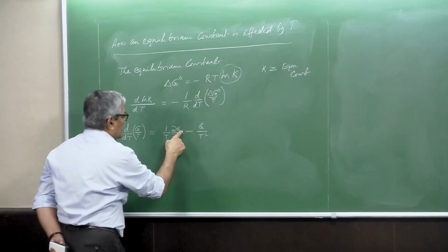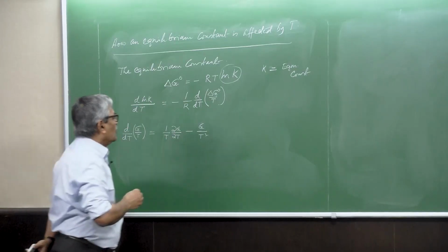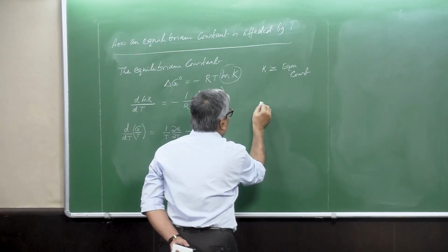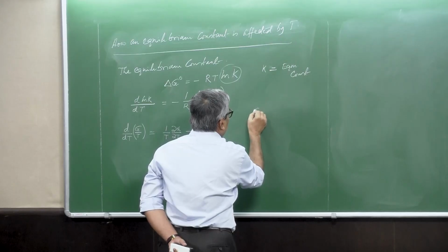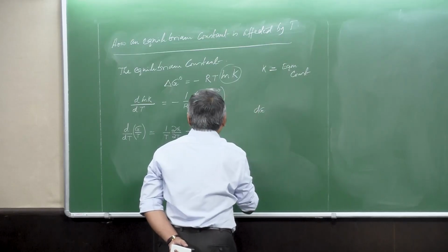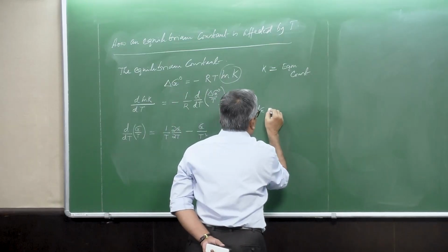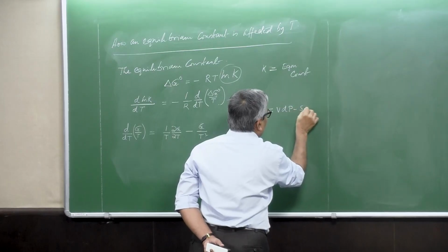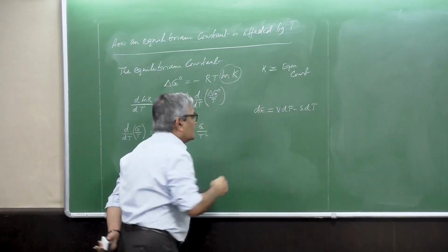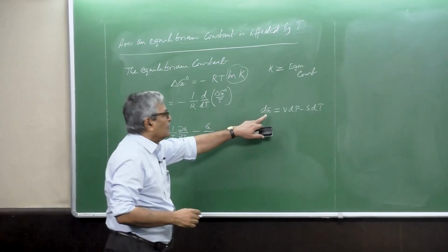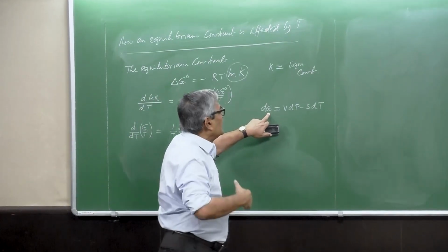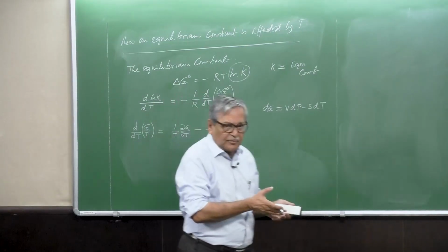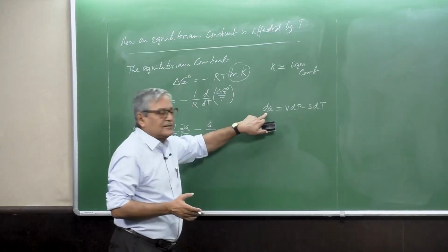Now what this quantity dG dT is, we know from the definition of dG that you can express it as V dP minus S dT. You get this relation simply from the definition of the free energy, taking the differential and applying the first and second law combination. So if you do that, you will get this relation.